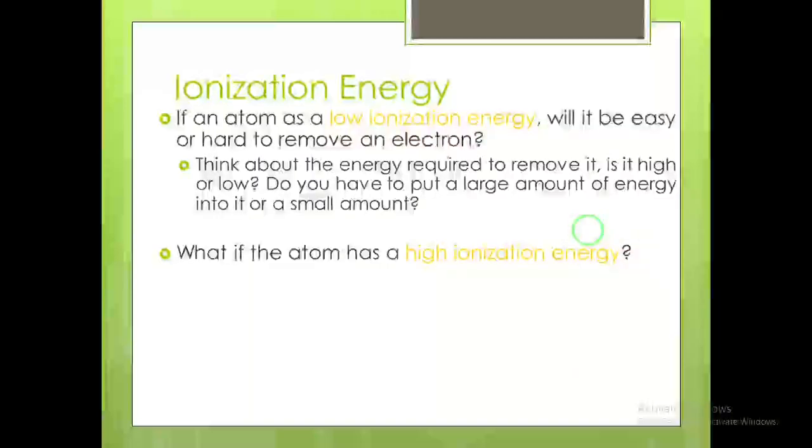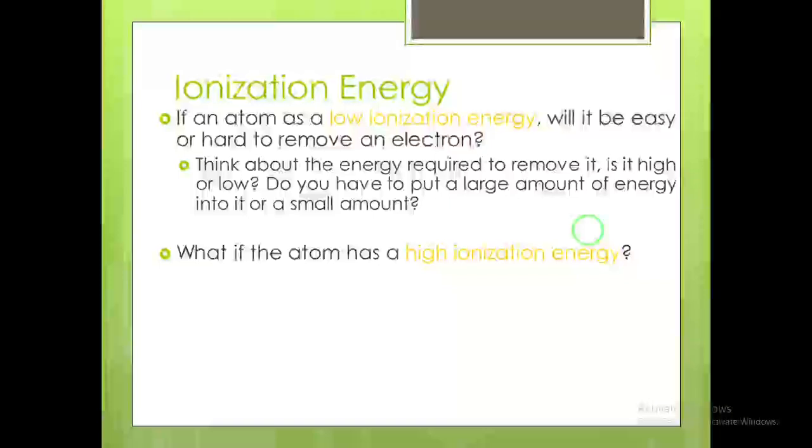If the element has a low ionization energy, that means you can easily remove the electron because the ionization energy required is low. It's just like having a 5-watt bulb and a 100-watt bulb. You might be able to power a 5-watt bulb with a few batteries, but for a 100-watt bulb you will need more batteries.